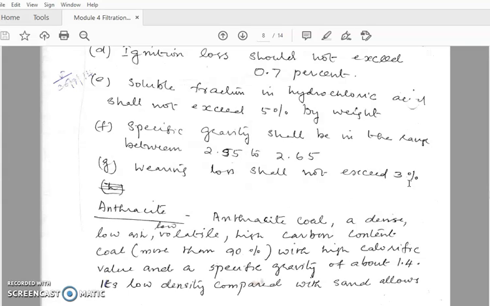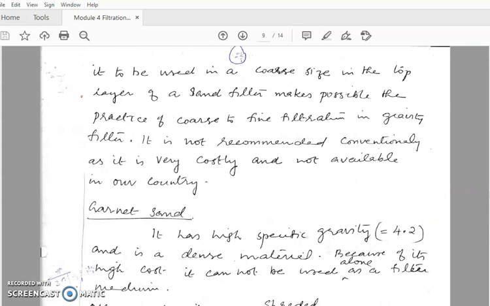And its low density compared with the sand allows it to be used in a coarse size in the top layer of a sand filter, and makes possible the practice of coarse to fine filtration in a gravity filter.